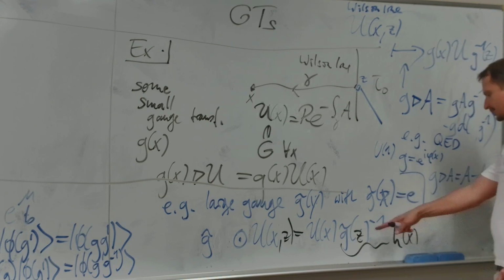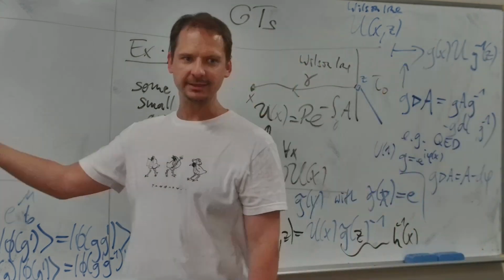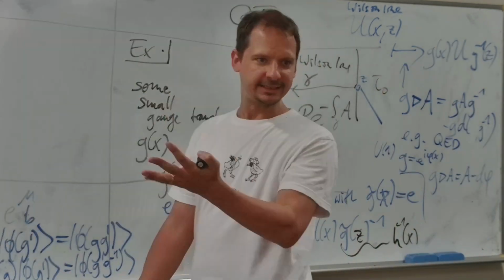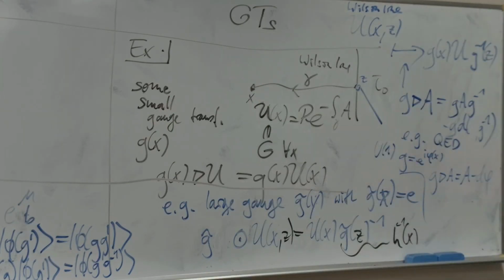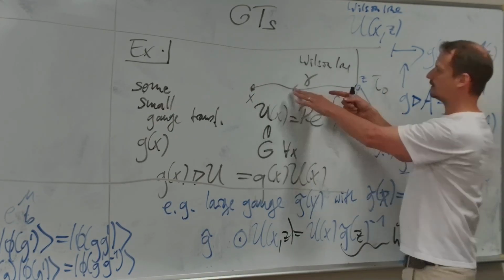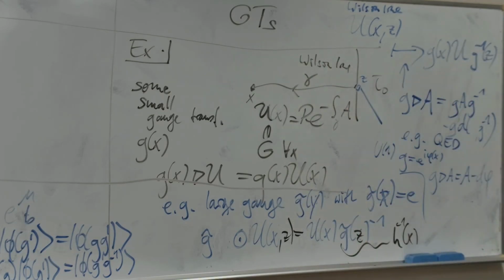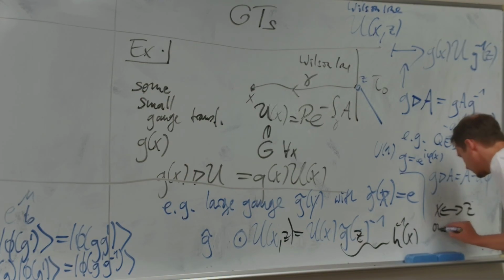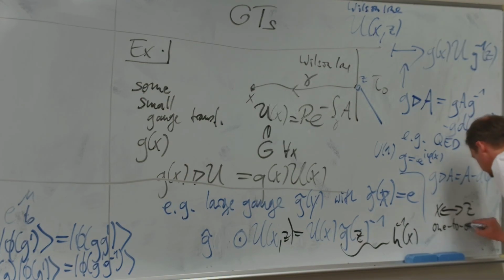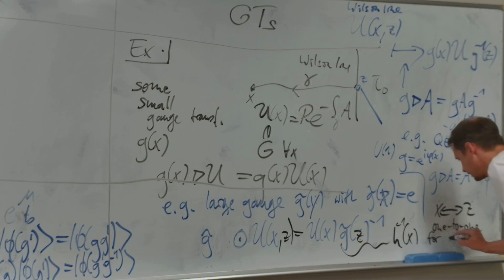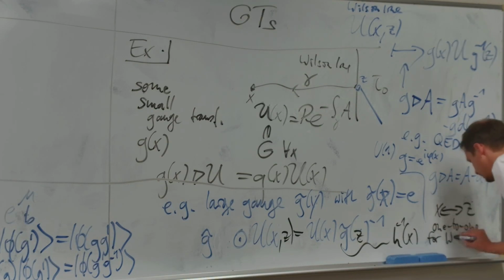So there's a 1-to-1 correspondence between x and z. So that's why I can write it as a group element h of x. So this requires, of course, that I have a fixed set of Wilson lines. So here, it's x. That's 1-to-1 for Wilson congruence, if you like.